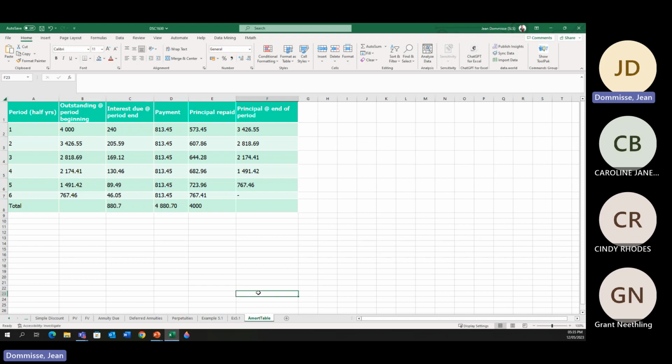So basically, you have 3 years times 2, so you will have 6 half years that you need to look at.